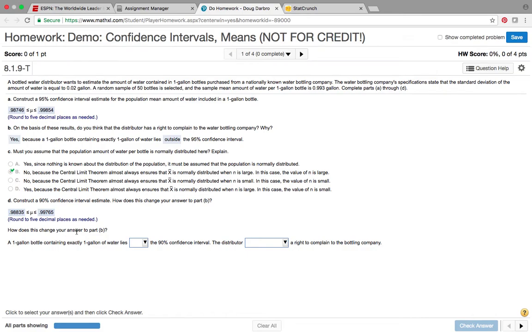How does this change your answer from part B? Well, 1 gallon of water, containing exactly 1, still lies outside the 90% interval, so the distributor still has a right to complain.